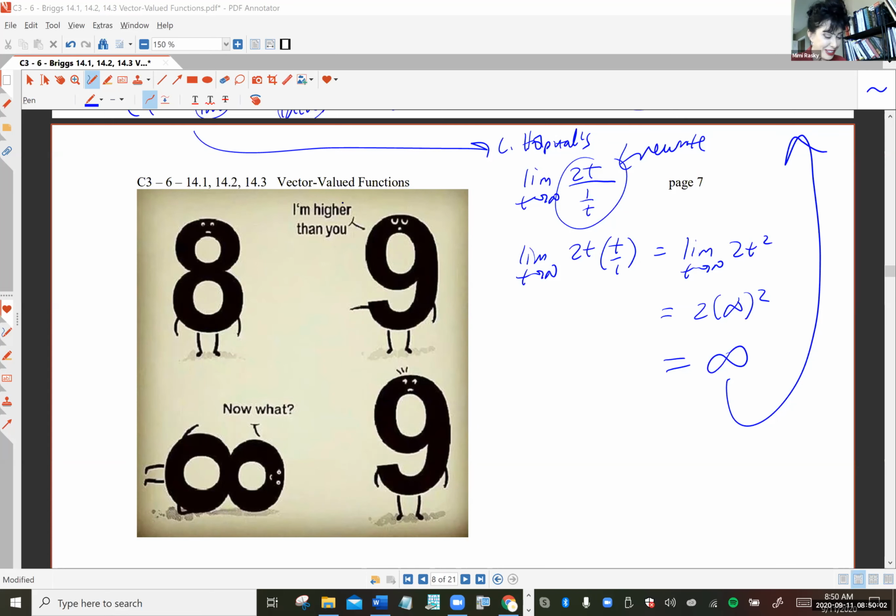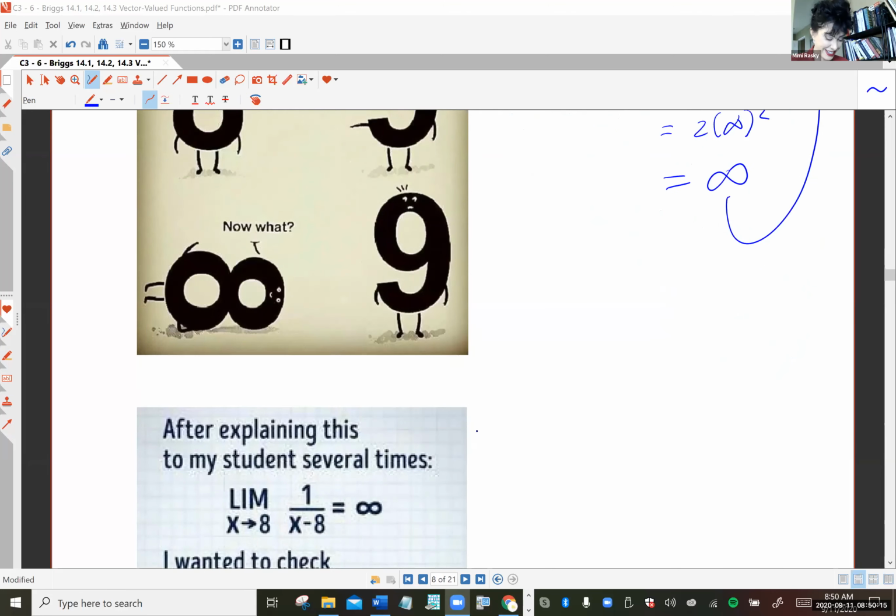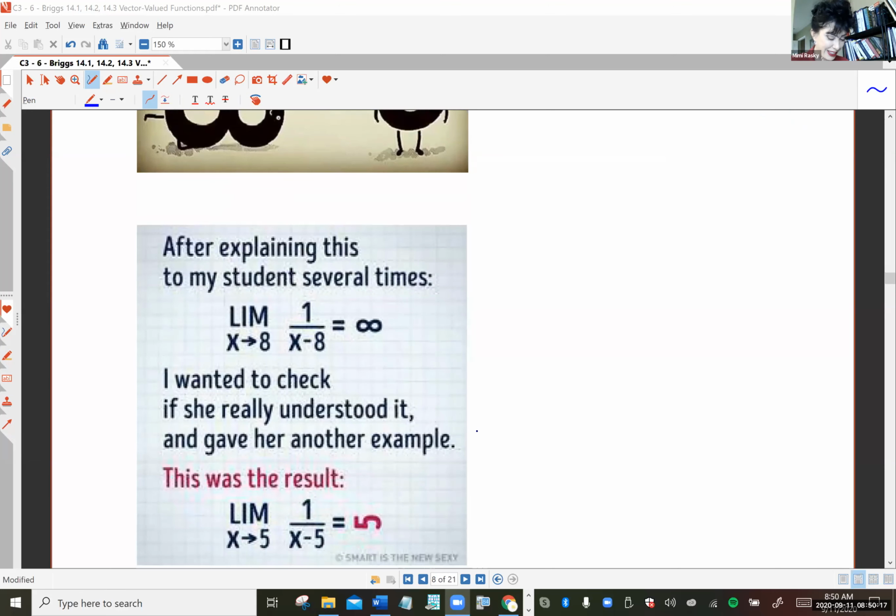So I love this because here you've got an 8 and a 9 talking to each other, and the 9 says, hey, I'm higher than you. And then the 8 lies down and says, now what? And then this one is kind of fun for Calc 1 people.